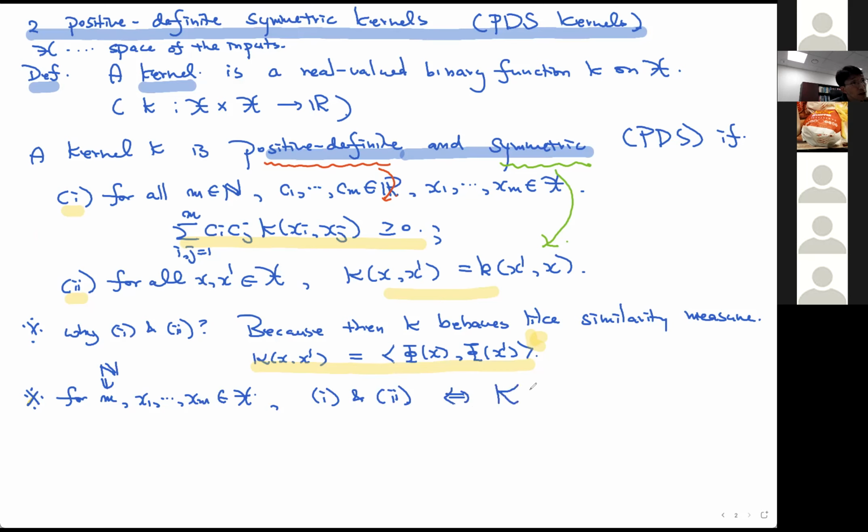So we're going to write a matrix K, which is an m by m matrix, and defined by K ij is kernel K applied to xi and xj. We said that K is symmetric, which means that transposing K is going to be the same as K, and positive semi-definite.